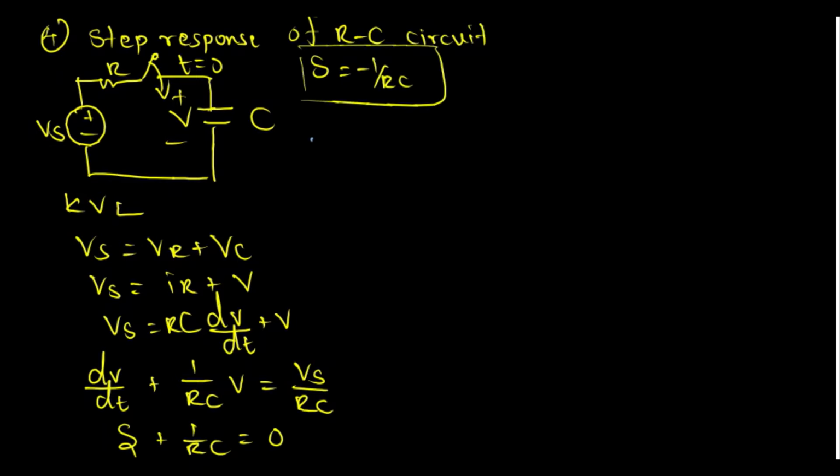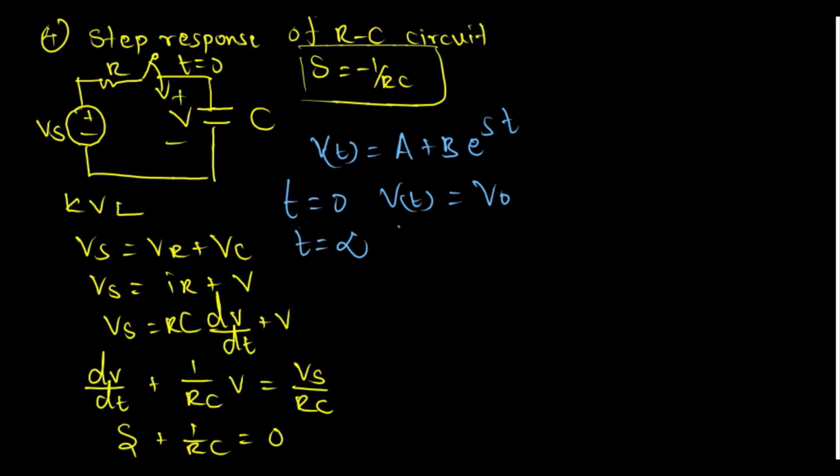For this type of characteristic equation, the answer is V(t) is equal to A plus B into e to the power St. At t equal to 0, V(t) is V naught. At t equal to infinity, I take V(t) as V infinity.